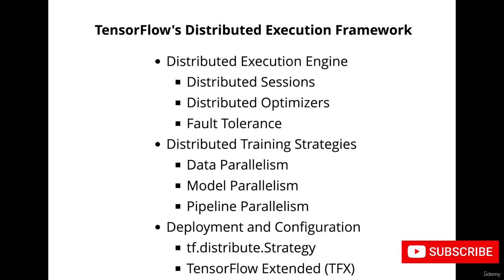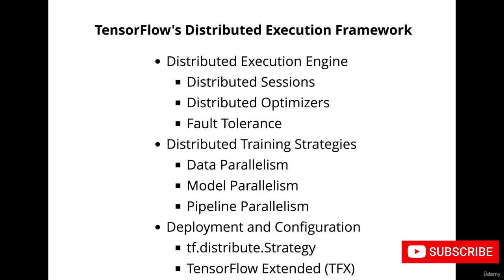The third one is deployment and configuration. Deploying and configuring a distributed TensorFlow setup requires careful consideration of factors such as network topology, device placement, communication overhead, and resource allocation. TensorFlow provides tools and APIs for configuring and managing distributed setups, including tf.distribute.strategy.